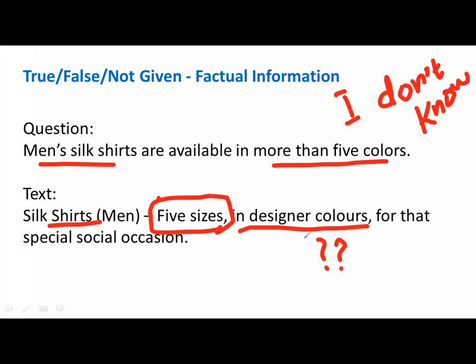So again, listen very carefully. 5 is for size. Our question is not for size. Our question is for color. The question is it has more than 5 colors, but the text is not telling us how many colors are there. So when the information is missing, what do we say?